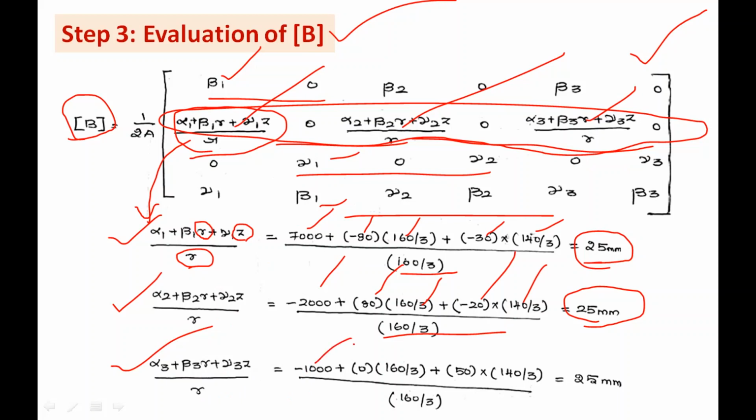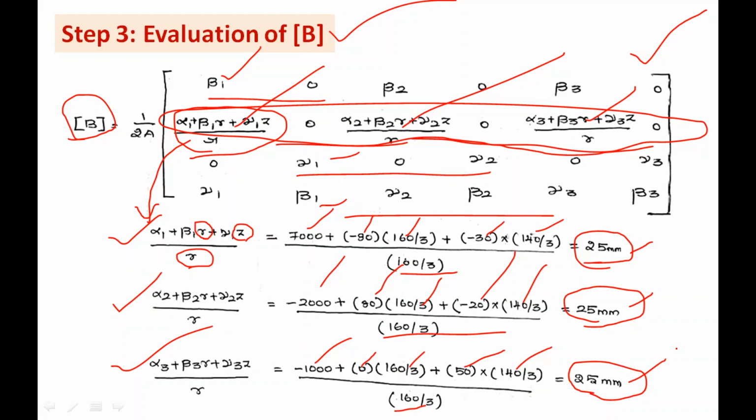So this is the alpha 3 value, beta 3 0, then the r value, gamma 3, z value, r value. On simplifying this, here also we are getting 25 mm. That means in the second row, all the three terms we are getting a uniform or common term, 25, 25, 25 like this.